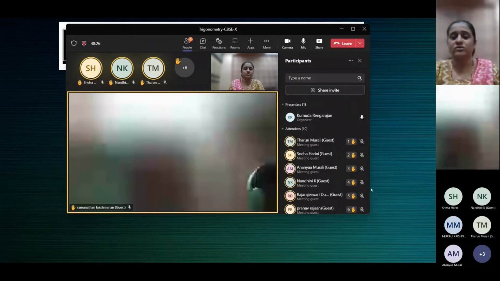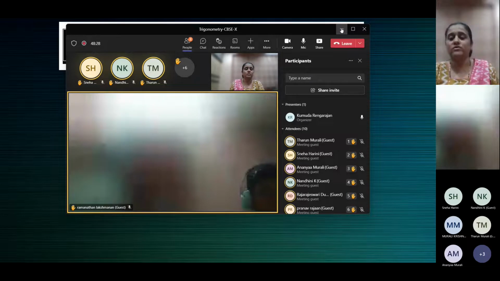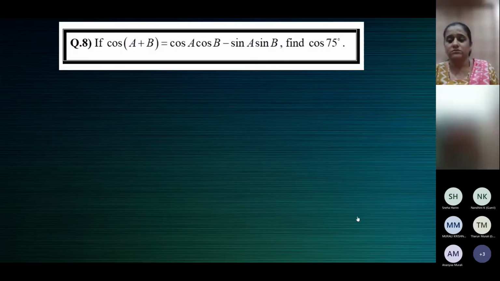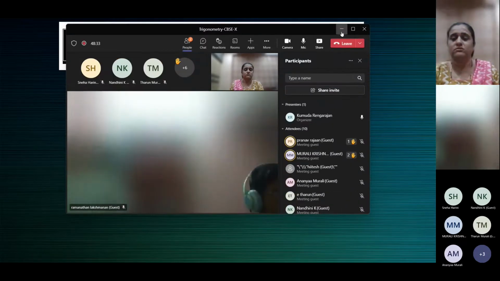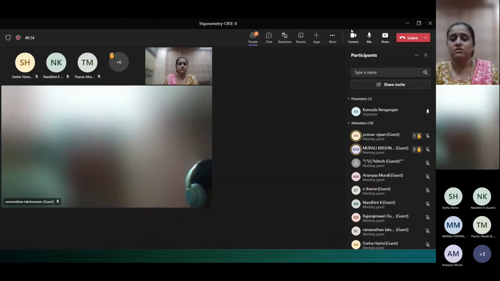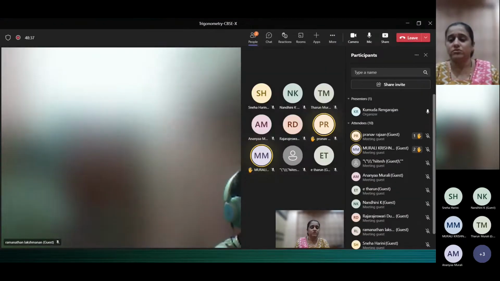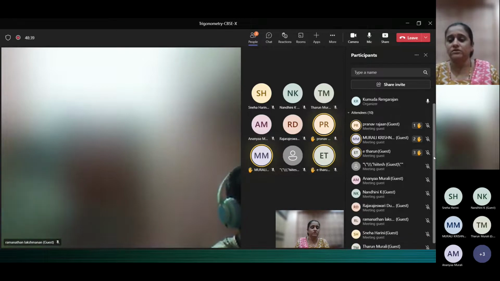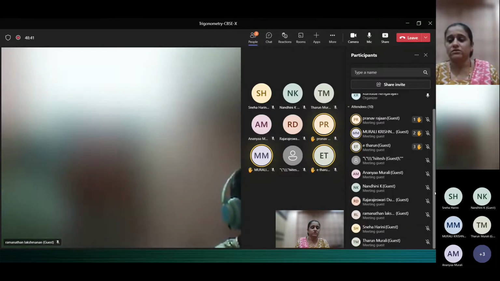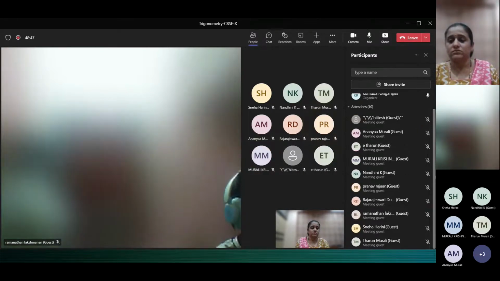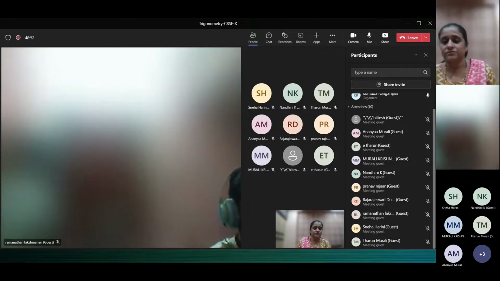Yeah, class, use the emoji. Raise your hand. Lower your hands, all of you. Pranav and Murali Krishna, please lower your hand. Okay, now class, use the emoji. Raise your hand.